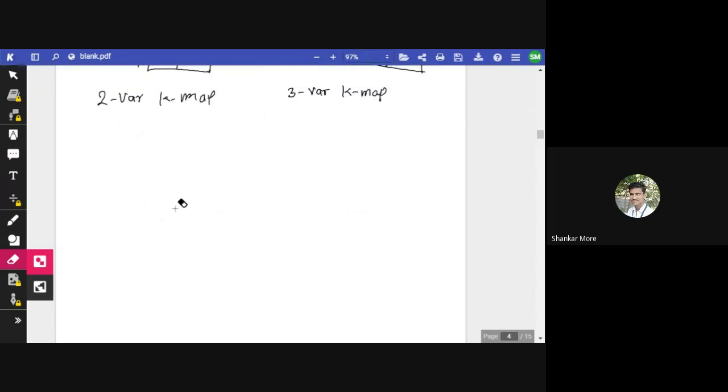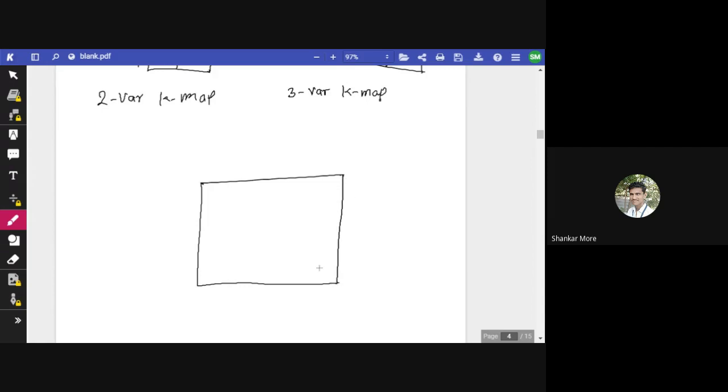Okay, so now the last one we have is the four variable K-map. Let me just write it here. So AB is going to be here, and CD is going to be here.